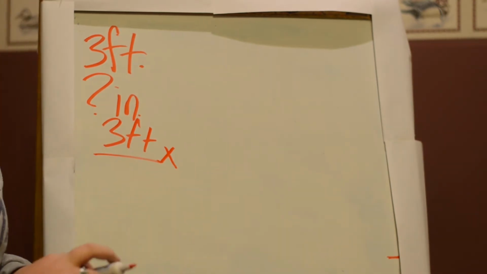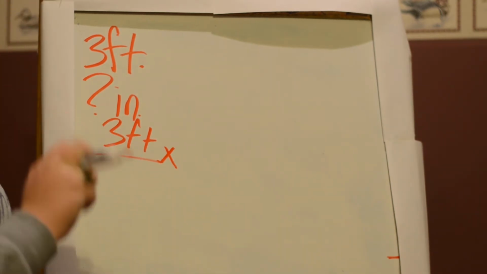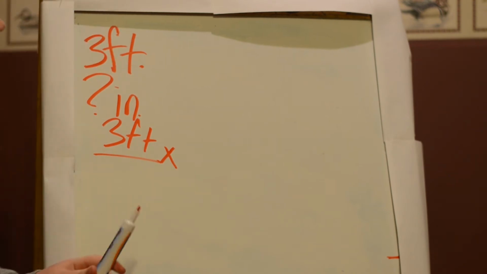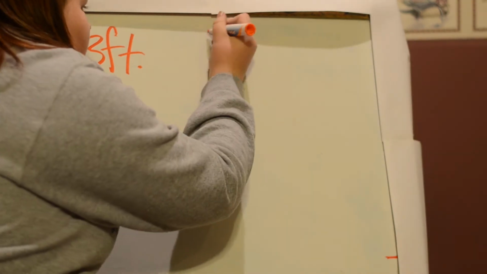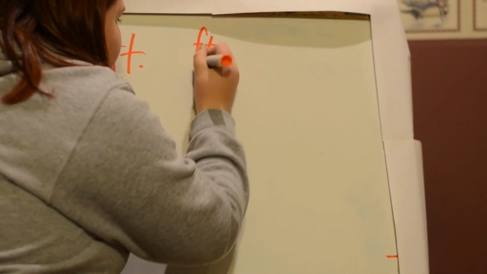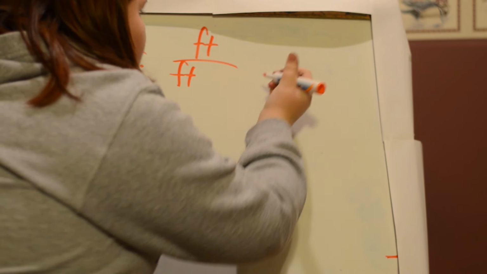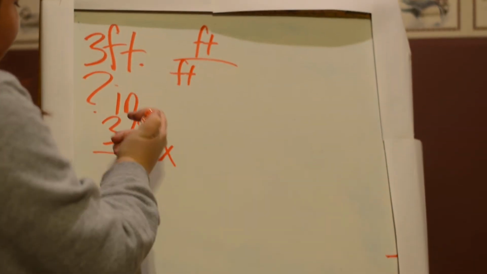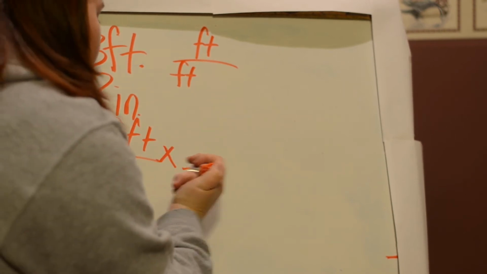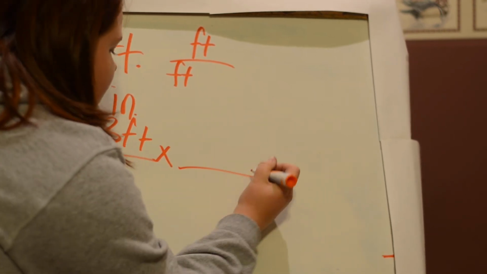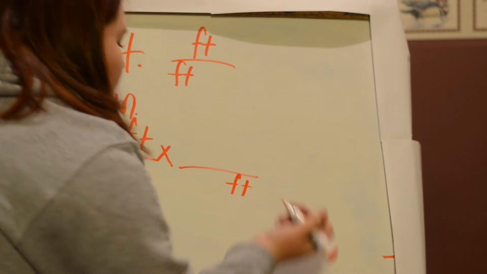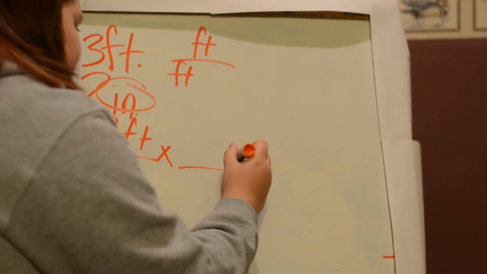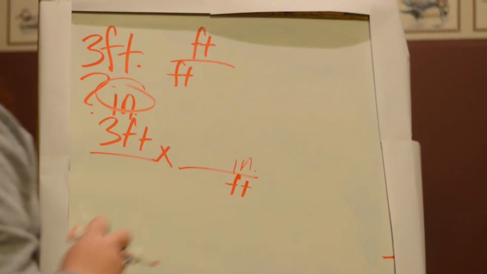But you might sometimes end up having to divide, but that depends on where your numbers end up lining up. So Brianna was talking about how you have to have feet over feet in order for your feet to cancel out, and inches over inches for all of that to cancel out. So if we have feet on the top, we're going to need feet on the bottom. So we can go ahead and fill that in because we know that feet are going to be on the bottom. And you want whatever's on top to be what you need your ending unit to be, which in this case is inches. So you write inches right there.